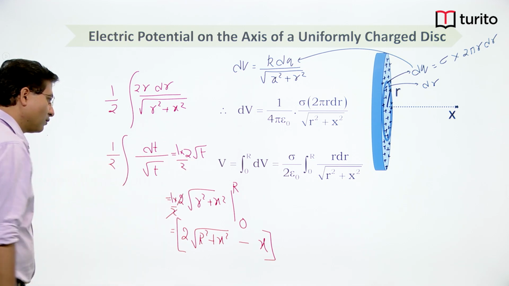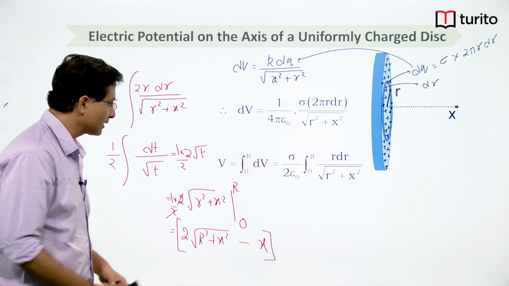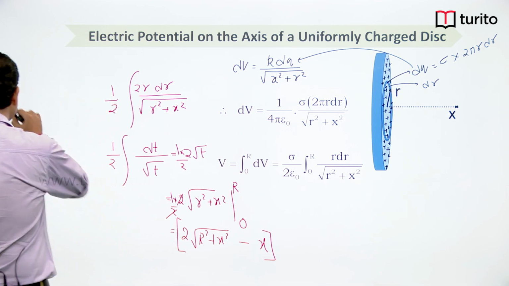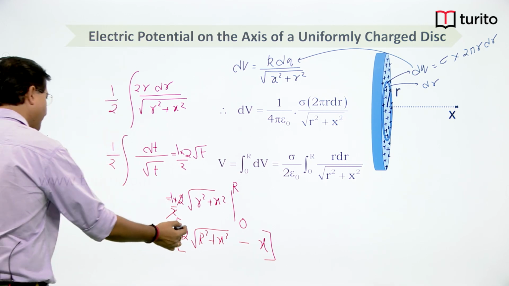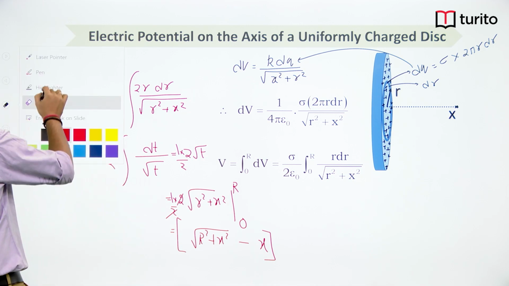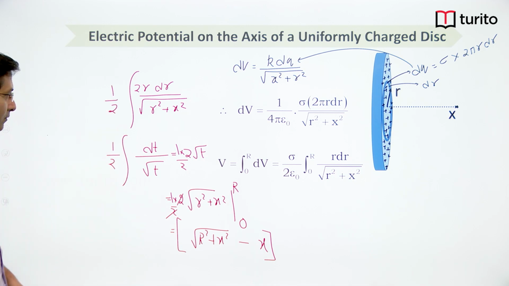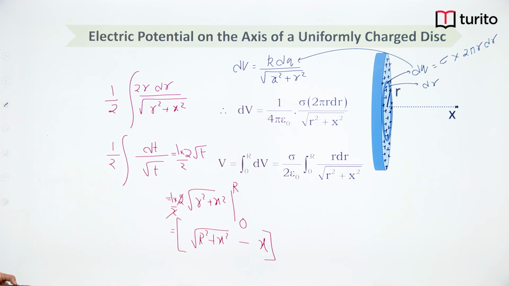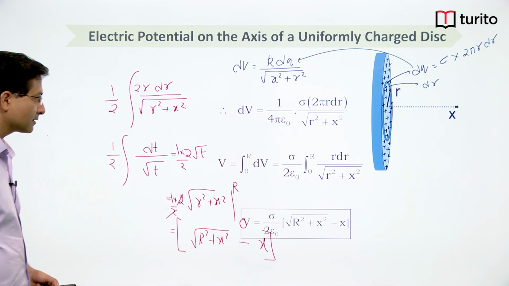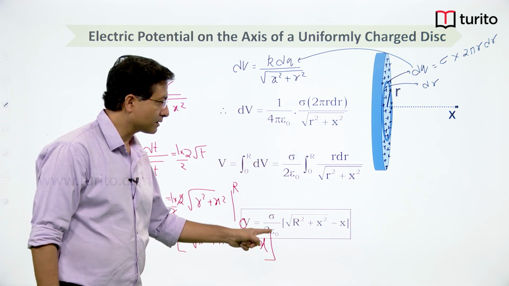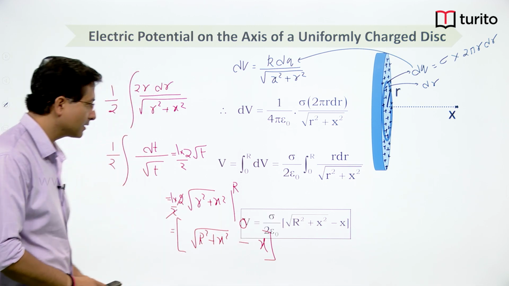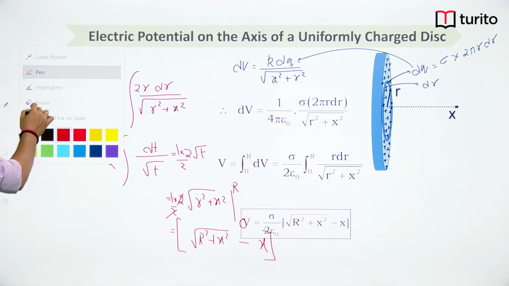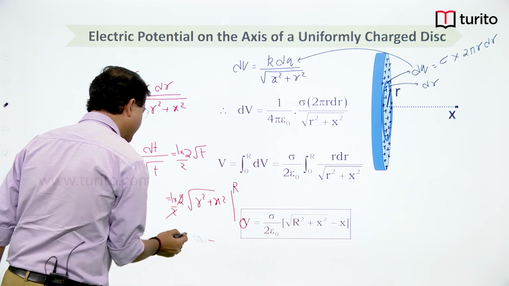So, this 2 and 2 will go. If I simplify this expression, then what I will get is sigma upon 2 epsilon naught in bracket, under root R square plus x square minus x. So, I hope the integration part is clear.